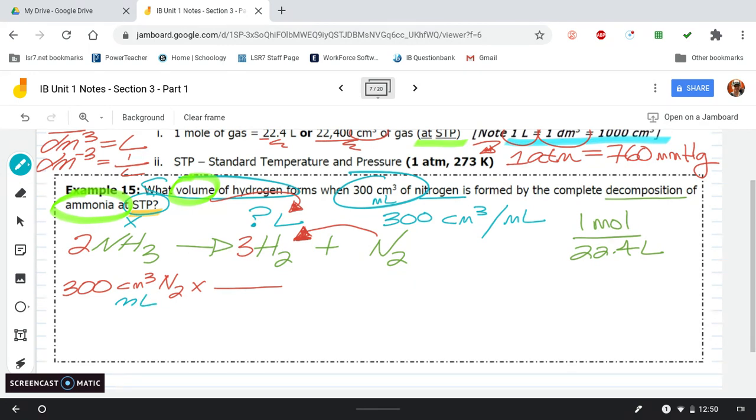So how can we cancel them out? Well, good chemistry student thinks to themselves, okay, I know these conversions. I don't want these centimeters cubed or milliliters, so I'm going to put them on bottom. It's the same thing. And then on top, I'm going to put liters.